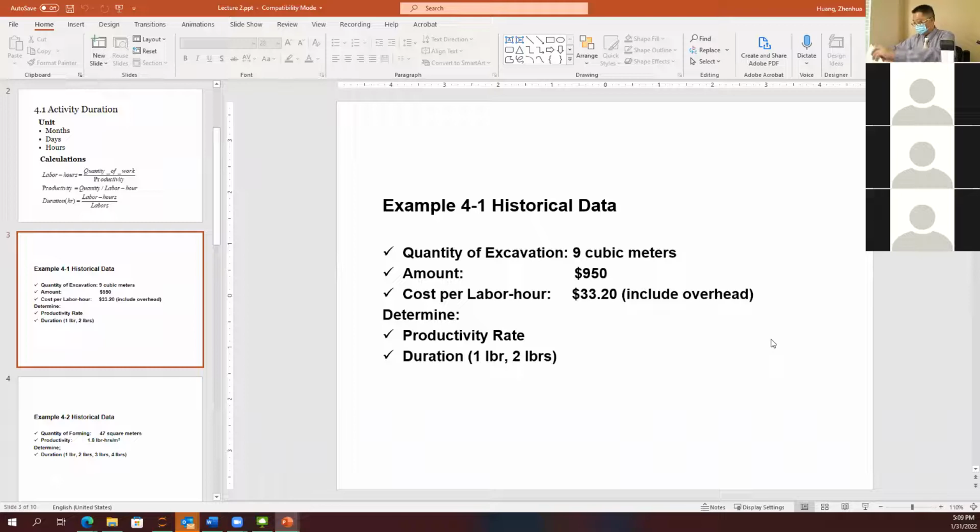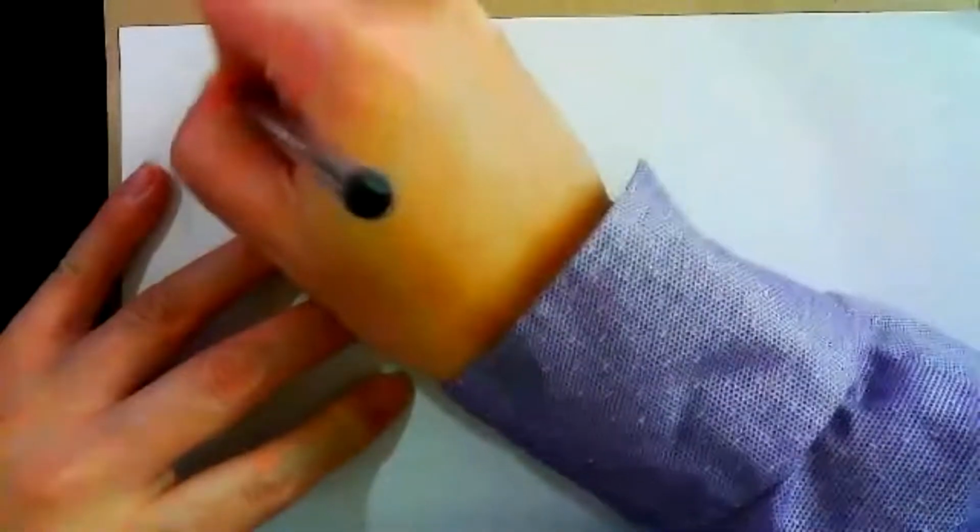Let me find a white paper so I can show you my hand calculation over here. So this is example 4-1.